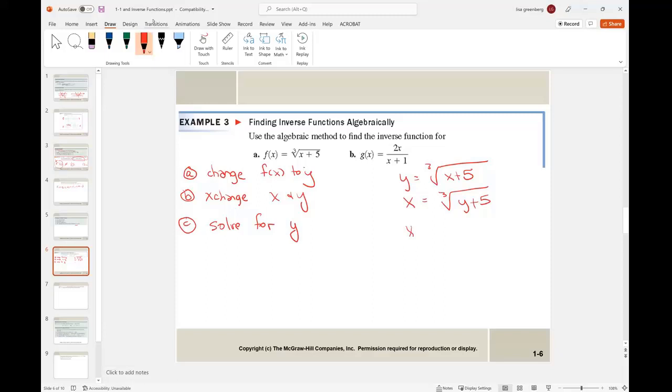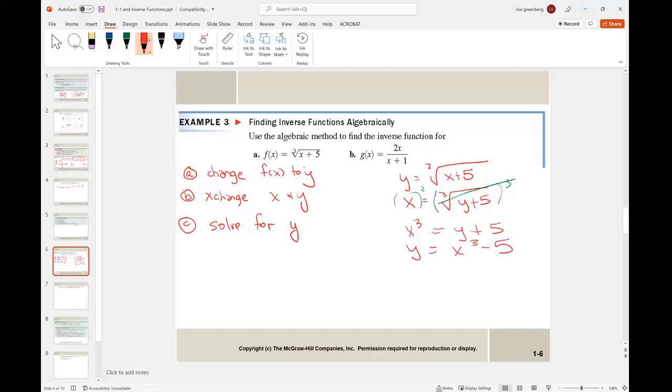So X cubed. If I cube both sides, this cancels, and I get X cubed equals Y plus 5, right? And then I want to solve for Y, so I'm just going to subtract 5 from both sides. So I have Y equals X cubed minus 5.